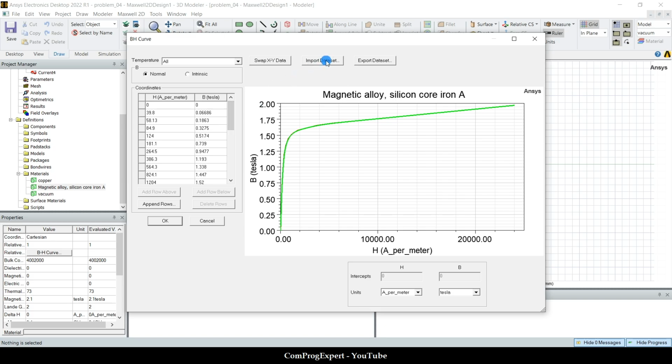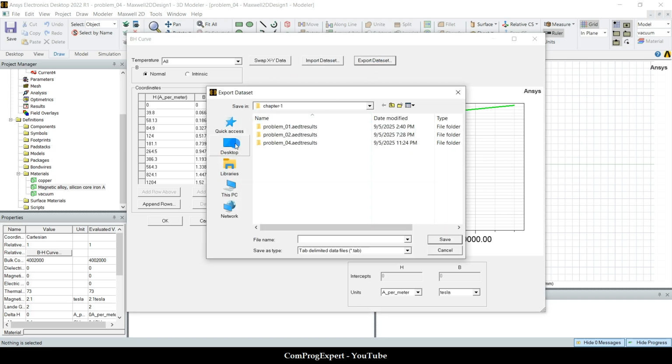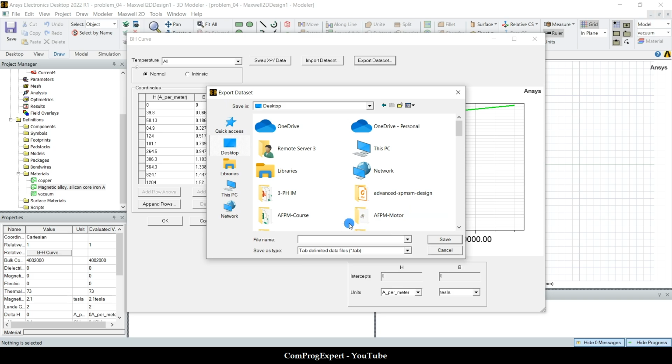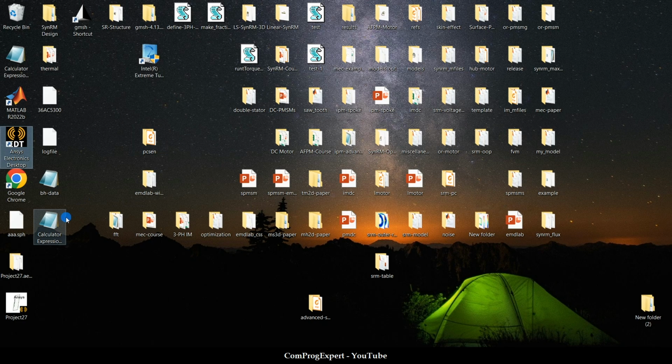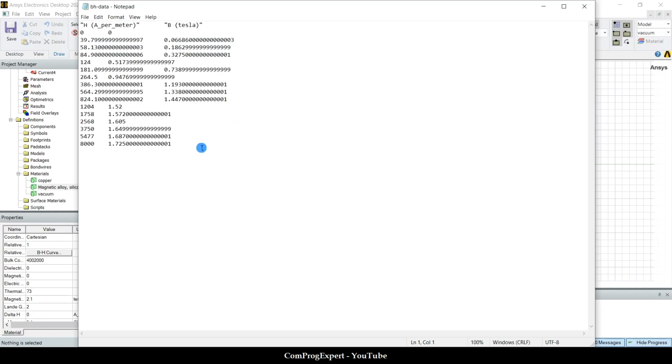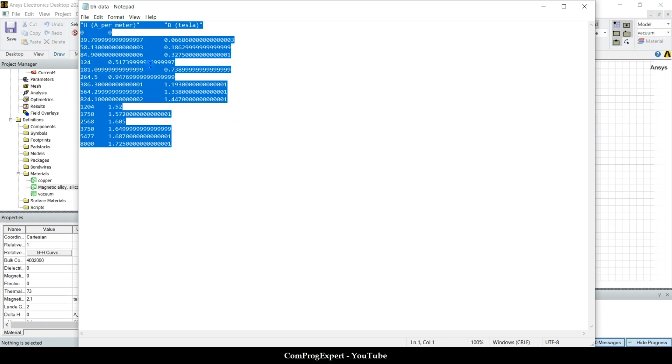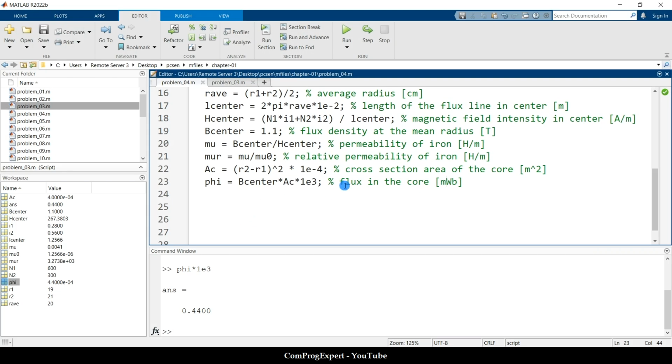So let's do it. Export data set. So this is BH data in the tab version. Yes, this is the exported value, and let's copy the data here.